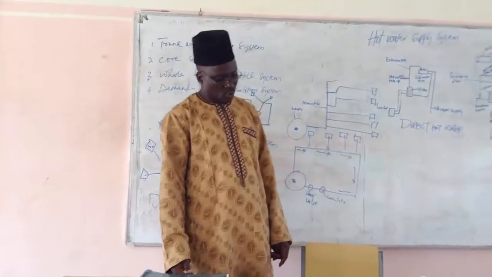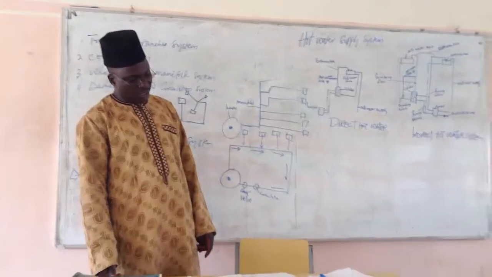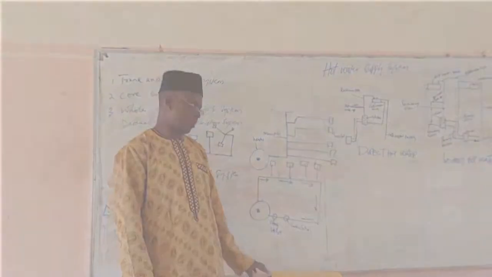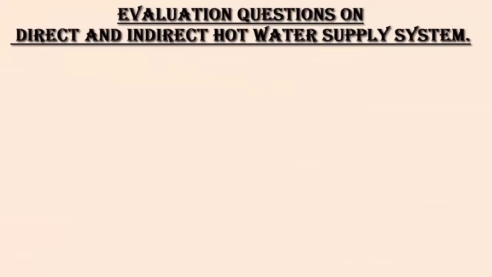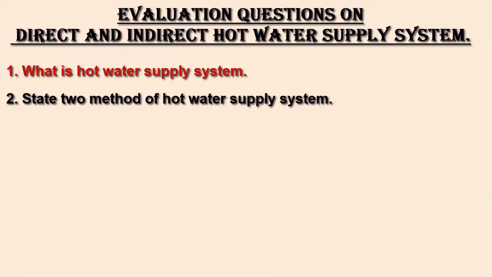Having listened to the discussion in the class on hot water supply, the students should be able to answer the following questions. One, what is hot water supply system? Two, state two methods of hot water supply system.